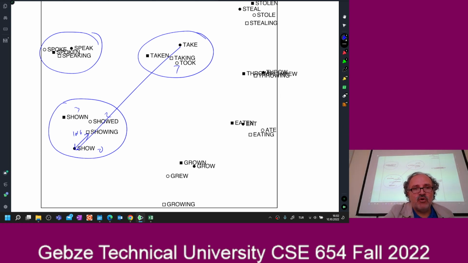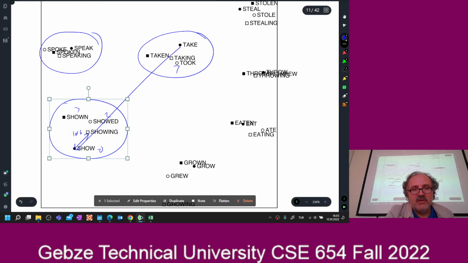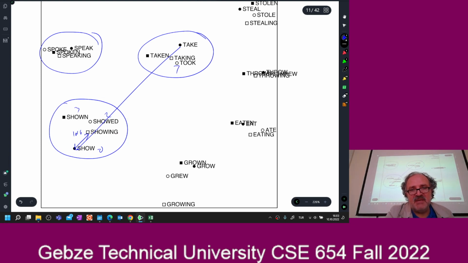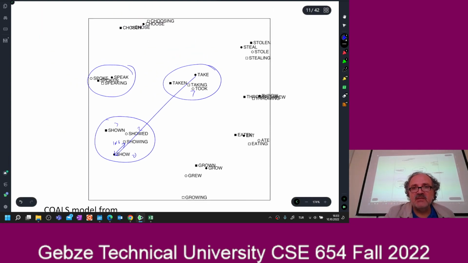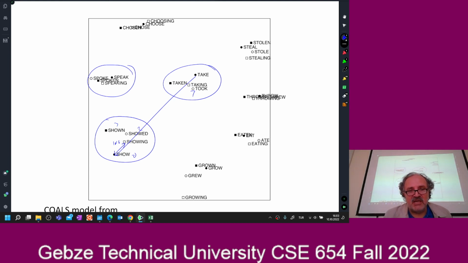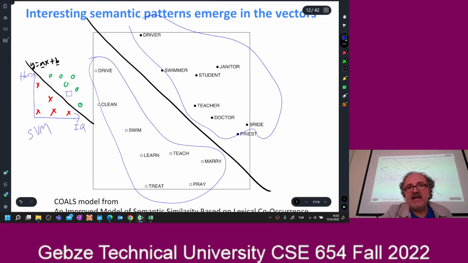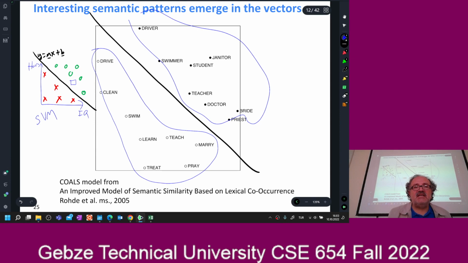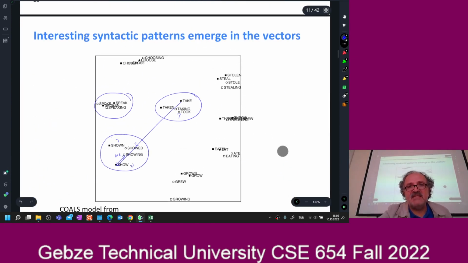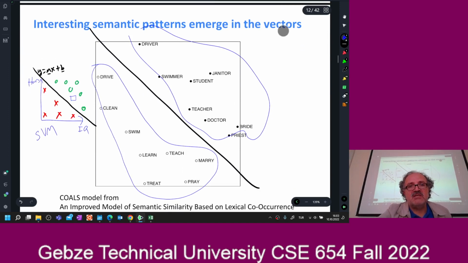All the different forms of show are at a very similar position, and speak, etc. So similarly functioning words are coming together nicely. Okay, and they realized that I can use this kind of space to write classification systems.